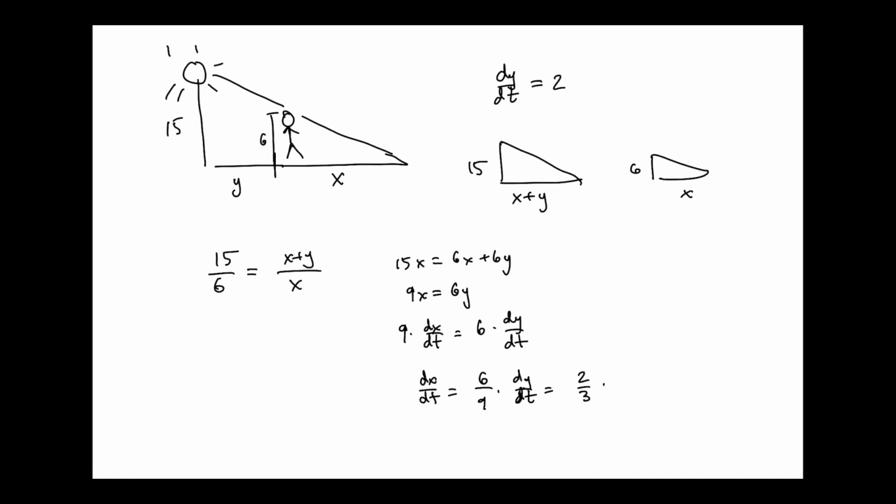What was dy/dt? 2. Okay, so it's 4/3 feet per second.